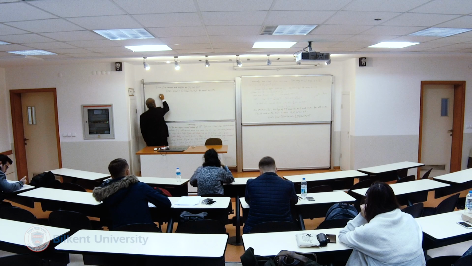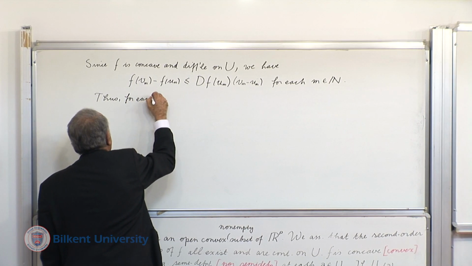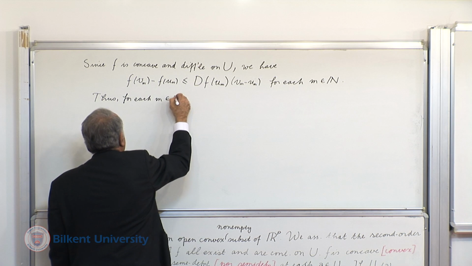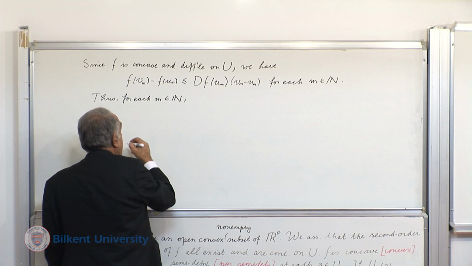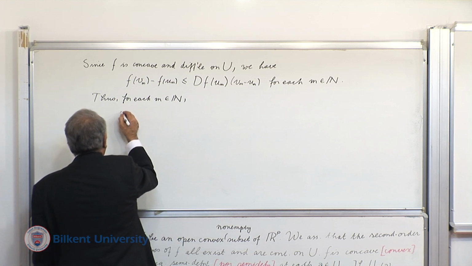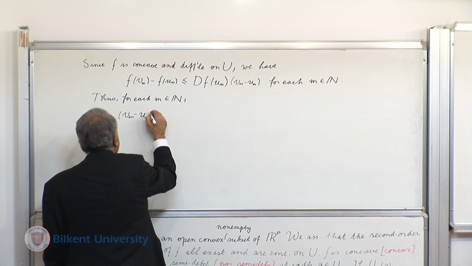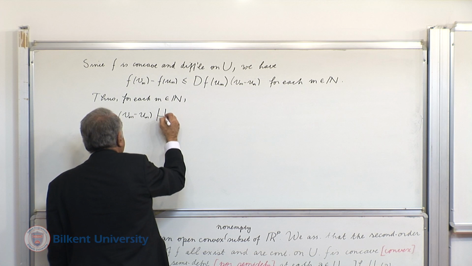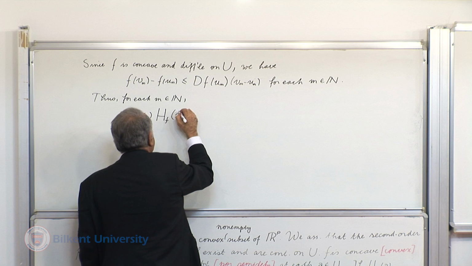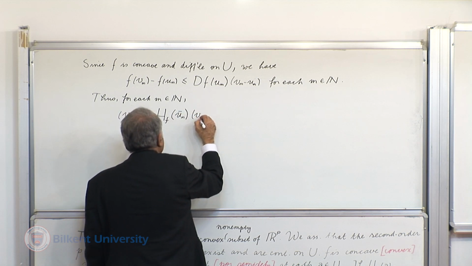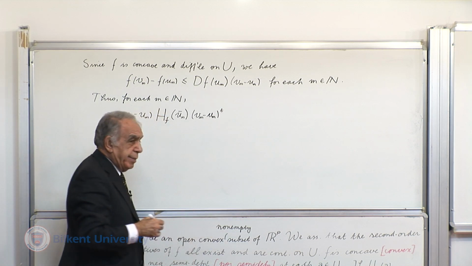Thus, for each m in N, well, let me also write this. That is equal to Vm minus Um, the Hessian at u bar m, times Vm minus Um, the transpose of this.